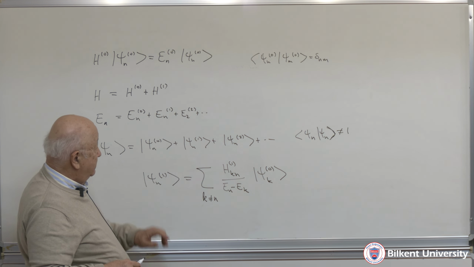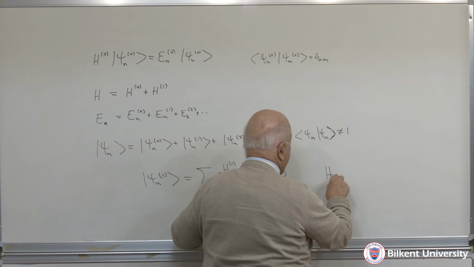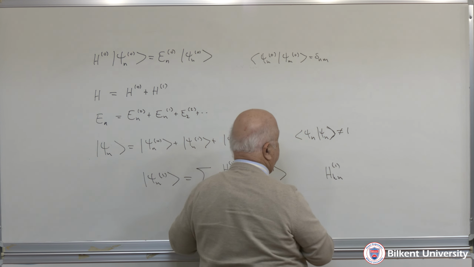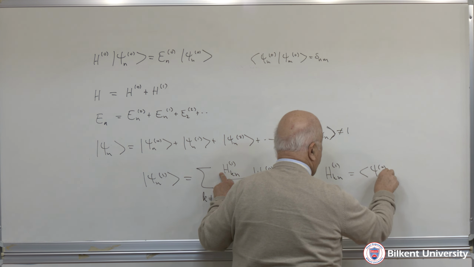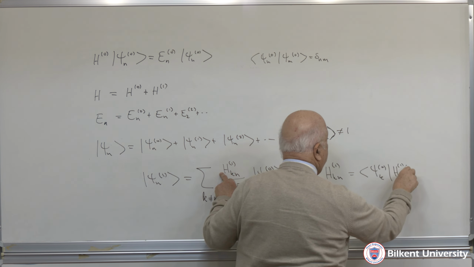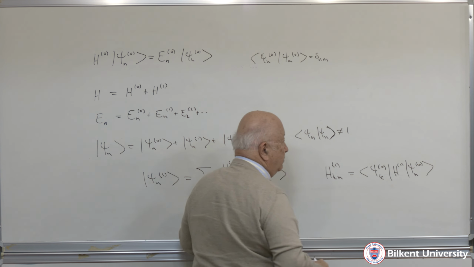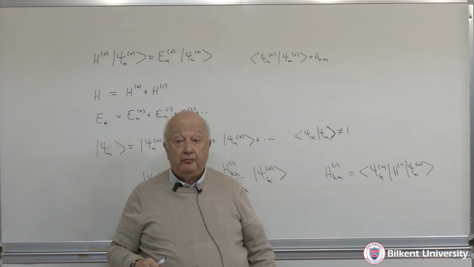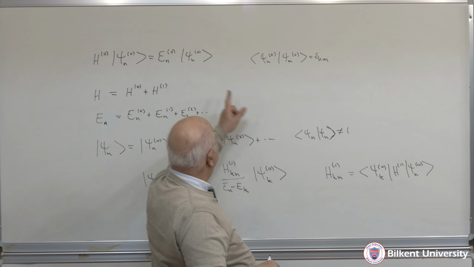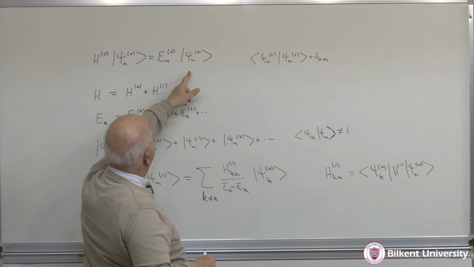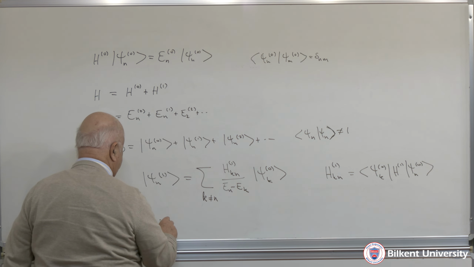All right, so that's our expansion. What do we mean by hkn? Well, that's just psi k0 H1 psi n0. So it is the matrix element of H1 with respect to the original, exact psi n0 for H0. We also found out what En1 was.